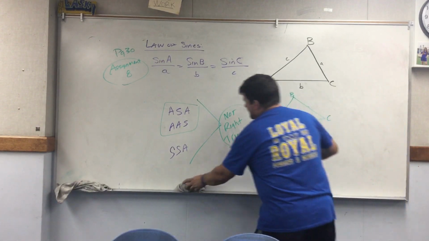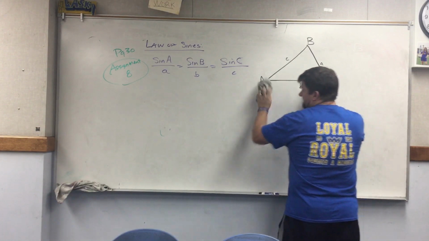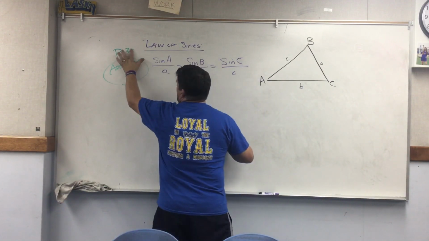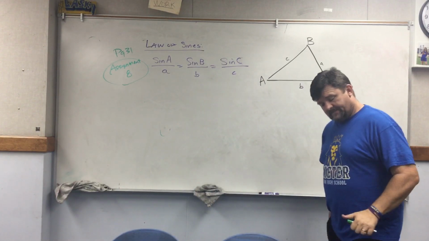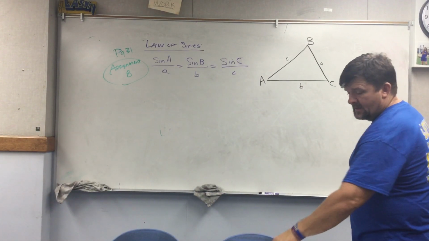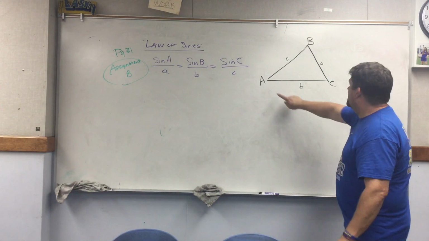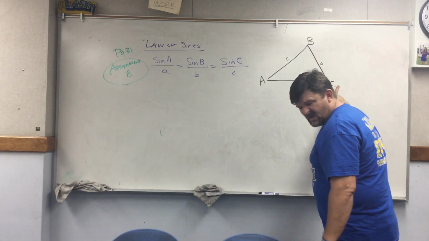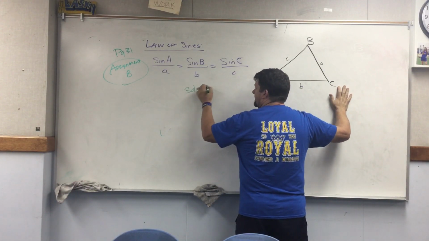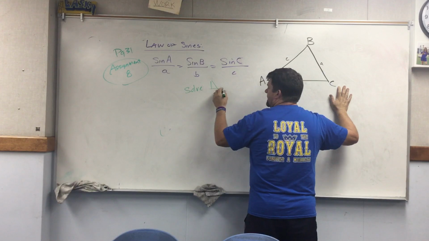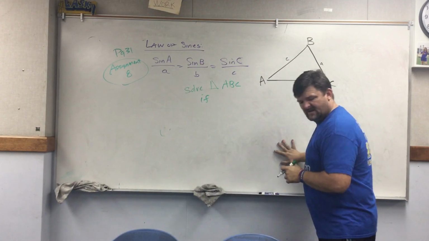So I'm going to take this thing, I'll erase this, I'll leave this up there, and so we're on to page 31. I'm doing an example for you guys. We're on to page 31, and the example is this. We have solve triangle ABC if, so we've got solve triangle ABC if what?